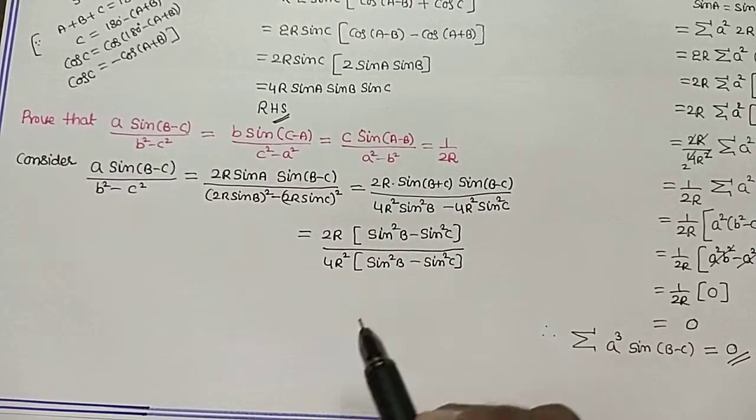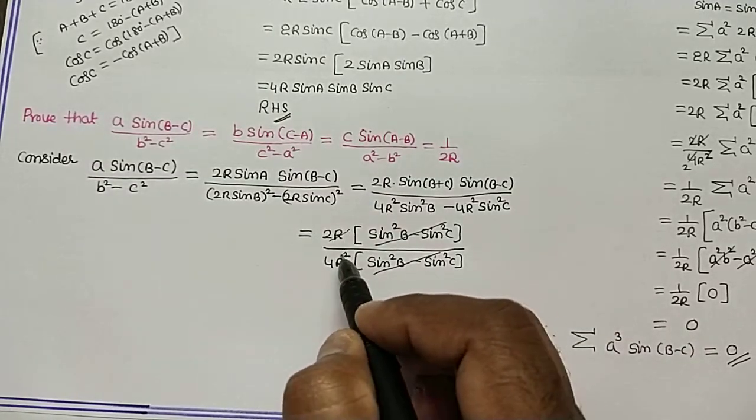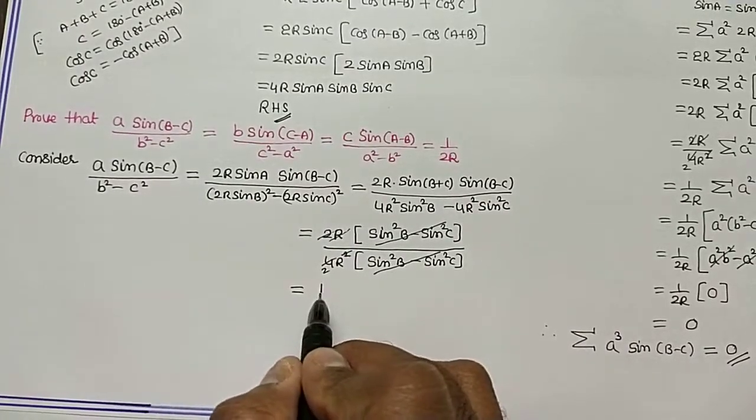So both the bracket values are equal, you can cancel it. And one of the R values also cancels, 2 ones are 2 twos are. So which is equal to 1 by 2R.